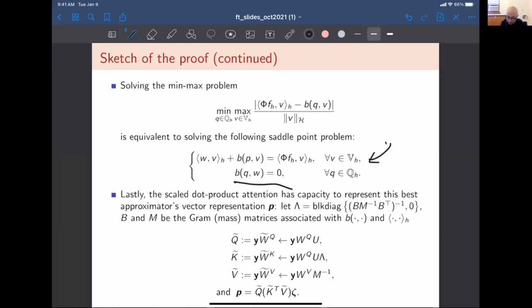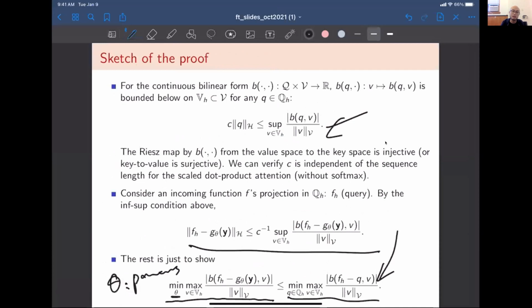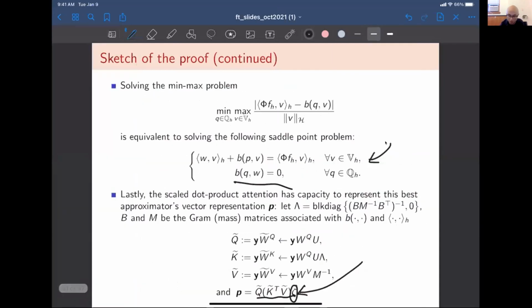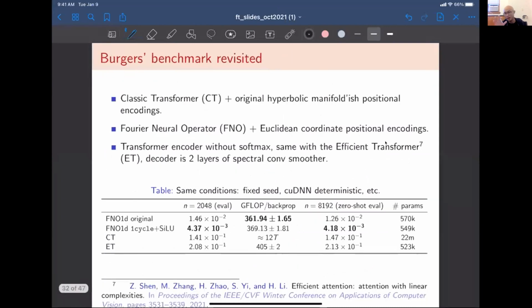Once we do that, we can explicitly represent this Petrov-Galerkin approximation by the QKV. And this theta is our nonlinear approximator, represented by theta. We also have two Gram matrices, lambda and M, as our normalizers.